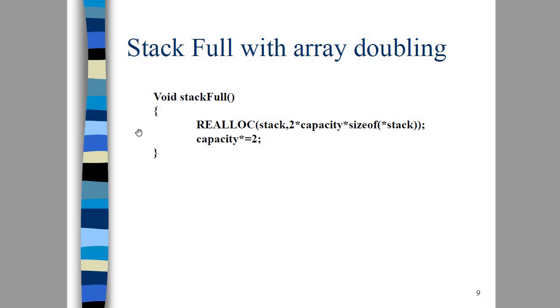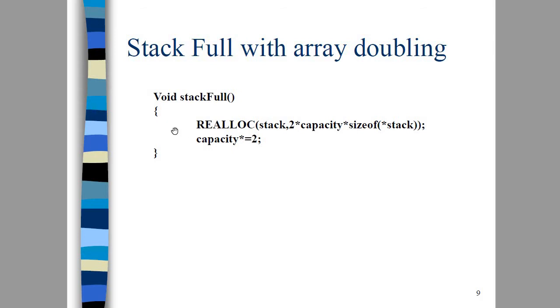For that, in the stack full function we can write the following. Initially, if we have allocated 10 locations for the stack, we can dynamically reallocate it to double the size. If the capacity is 10 and all 10 elements are pushed onto the stack, then 2 into capacity will double the size.